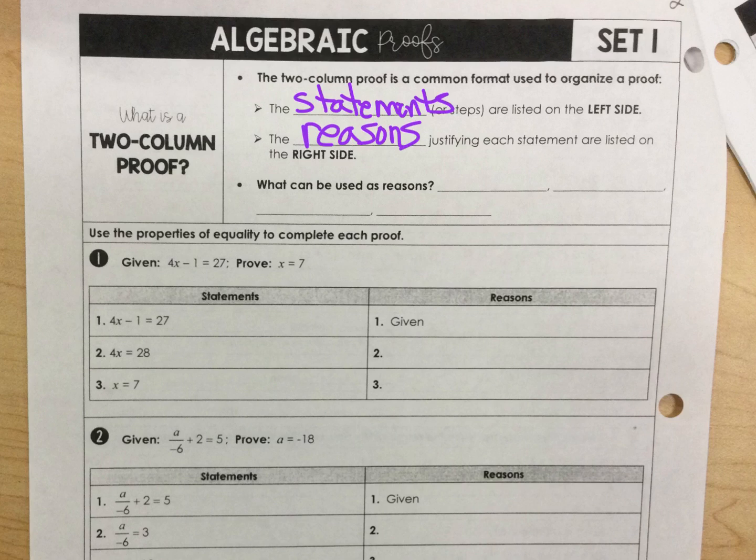What can be used as reasons? Well, you can use definitions. You can use postulates. You can use theorems. And you can use properties, those things that we just listed on the front.